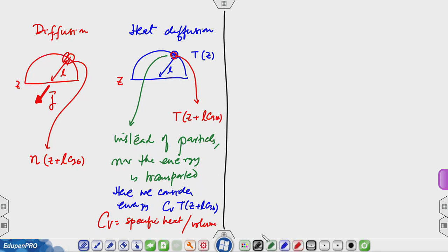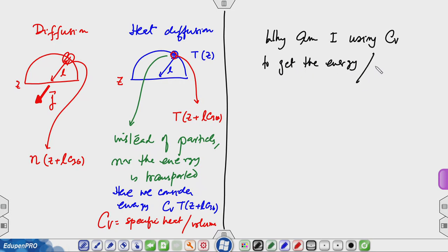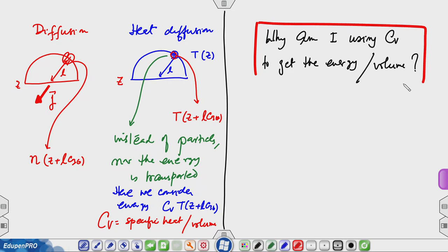Before proceeding further, let me ask you a question. Why am I using CV to get the energy per unit volume, and not Cp?